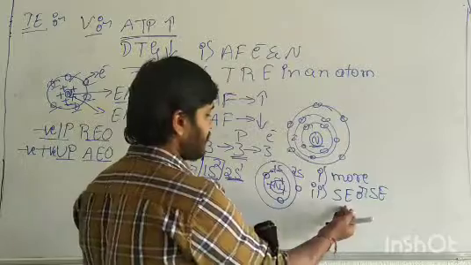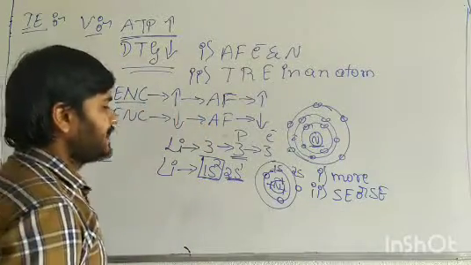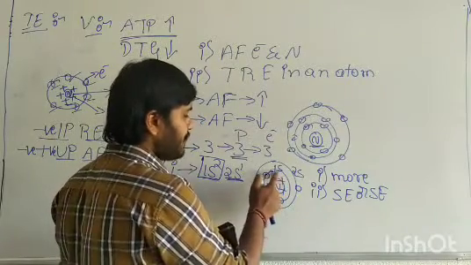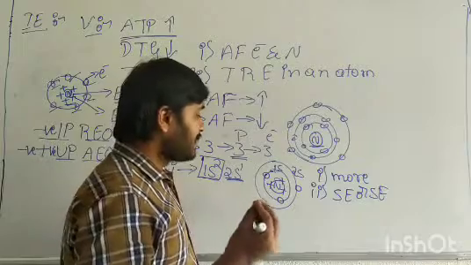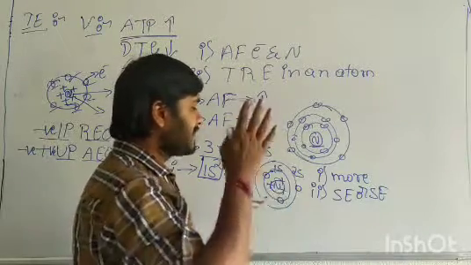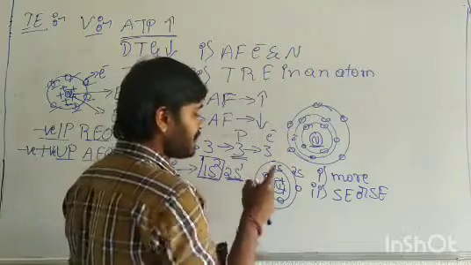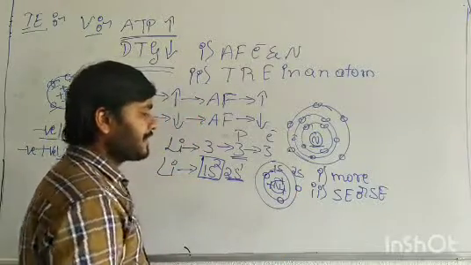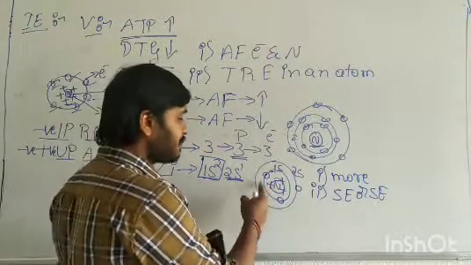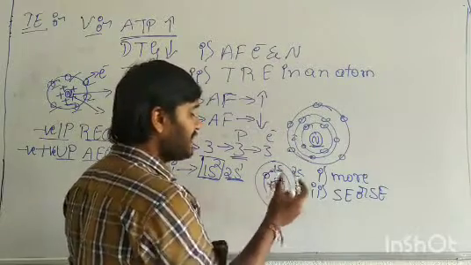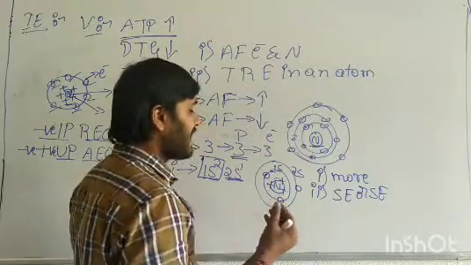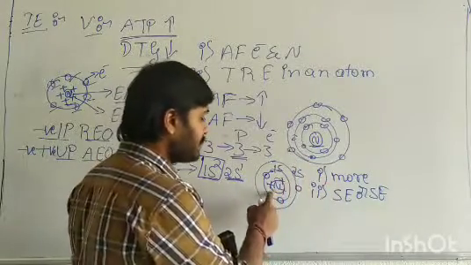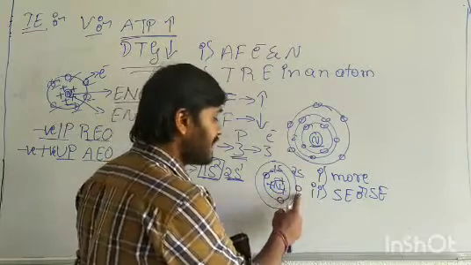Here I will come to this now. The shielding effect or screening effect is nothing but this: the positively charged nucleus is near the 1s orbital, and these 1s orbital electrons will act as a screen for the attractive force developed between your nucleus and the 2s electron. Okay, did you get this? Here the 1s electrons are inner core electrons. These electrons act as a screen for the development of attractive force between the positively charged nucleus and the 2s electron.